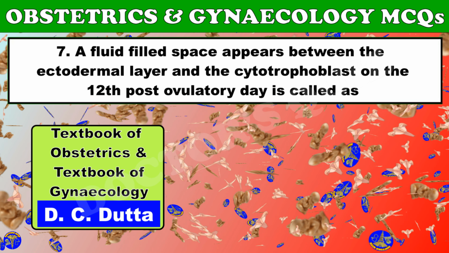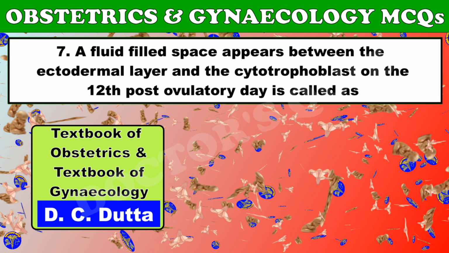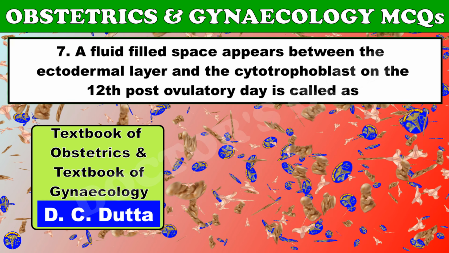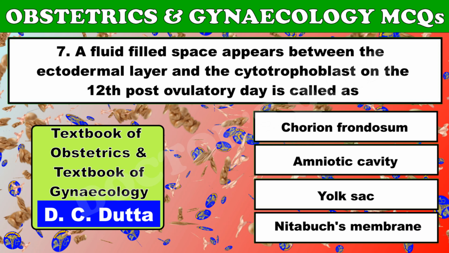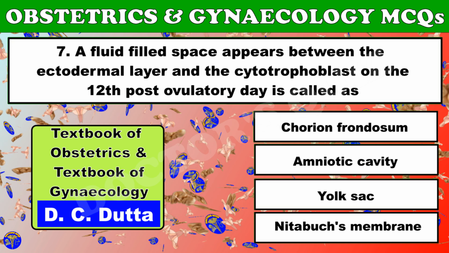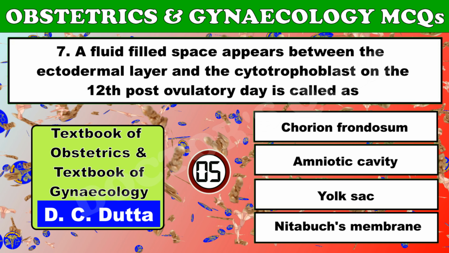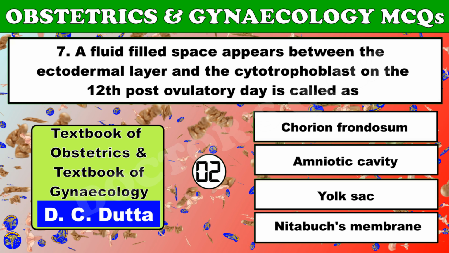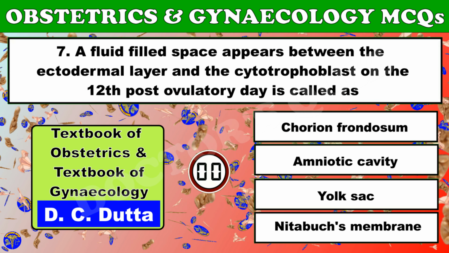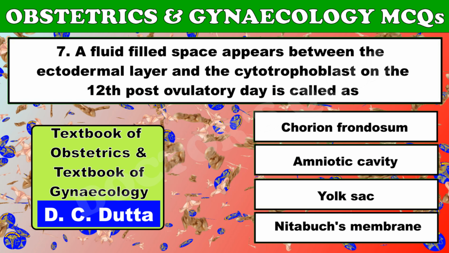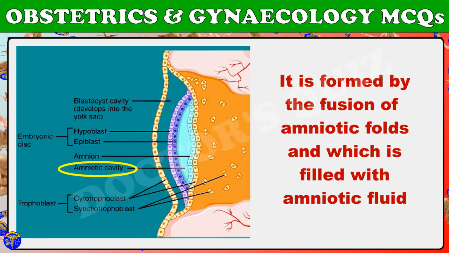The next question is, a fluid-filled space appears between the ectodermal layer and the cytotrophoblast on the 12th post-ovulatory day is called as. Options are chorion frondosum, amniotic cavity, yolk sac or Tabach's membrane. Answer is amniotic cavity, which is formed by the fusion of amniotic folds and is filled with amniotic fluid.